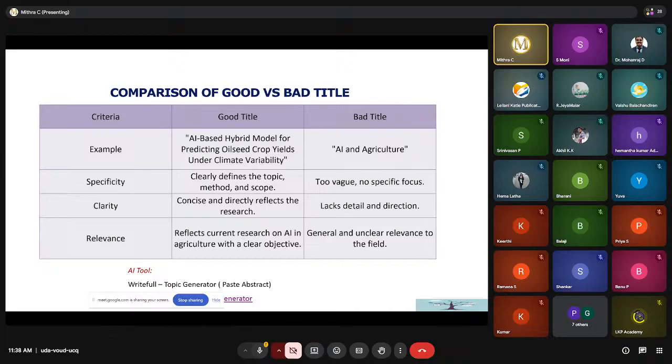This is one part. Next, a bad title, why I'm saying AI and agriculture. As a reviewer for many journals, they used to send papers, and some people write the article with just a simple, vague title. See, AI and agriculture: AI is one vast ground, agriculture is another vast ground.